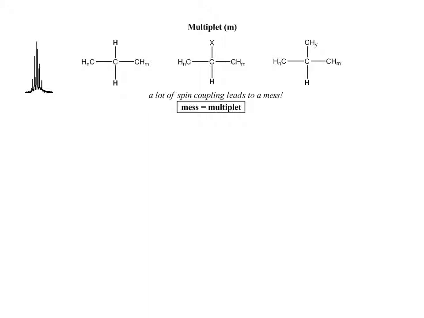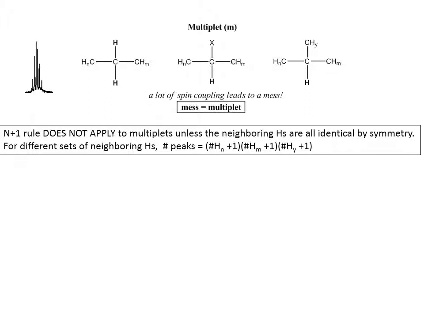Now in the case of the multiplet, the n+1 rule does not apply unless the neighboring hydrogens are all identical by symmetry. If that's the case, then you can just add them all up and add 1. For different sets of neighboring protons, the number of peaks is equal to a much more complicated equation. It's the number of protons of type n plus 1, times the number of protons of type m plus 1, times the number of protons of type y plus 1.